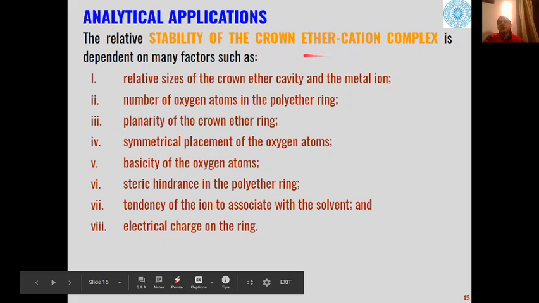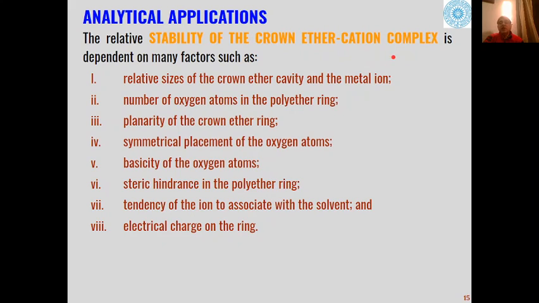The stability of these crown ether cation complexes depends on many factors, like the size of the crown ether cavity and the size of the metal ion, and how many oxygen atoms are present in the polyether ring, or how many heteroatoms, because in addition to oxygen, nitrogen and sulfur may also be present in aza or thia crown ethers.